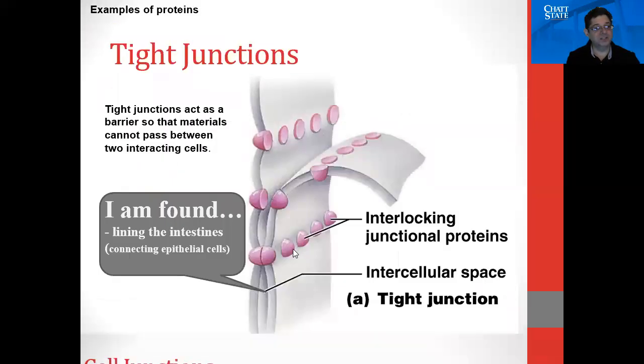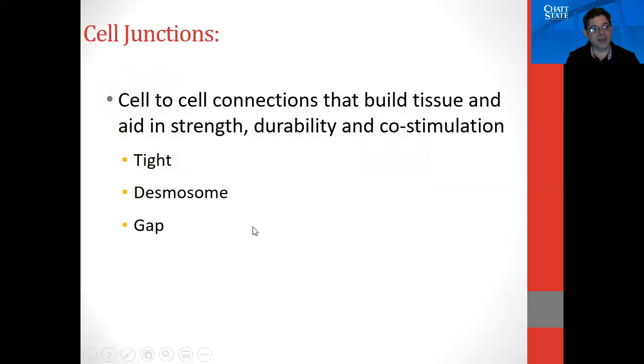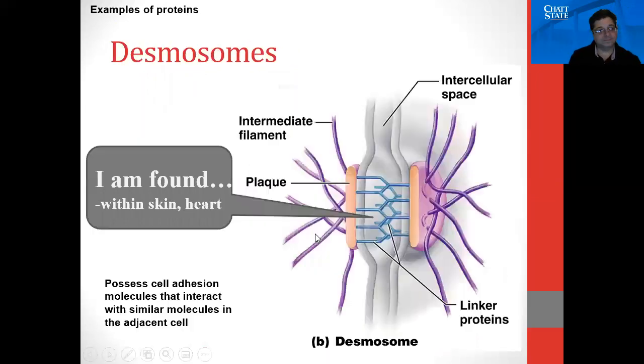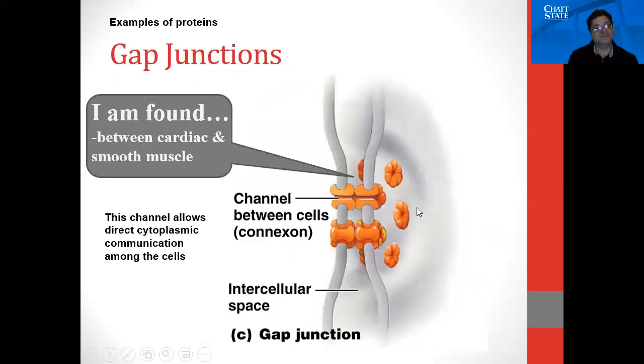All right, cell junctions, 3 types: tight, desmosome, and gap. Here's a tight junction found in the intestines, keeping those intestinal cells nice and tightly wound together because we don't want our intestines leaking, that's for sure. A desmosome has a plaque linking up 2 cells for strength and durability, like in the skin and the heart. And then a gap junction, sharing electrical connections in the heart, so the heart can beat as one unit.